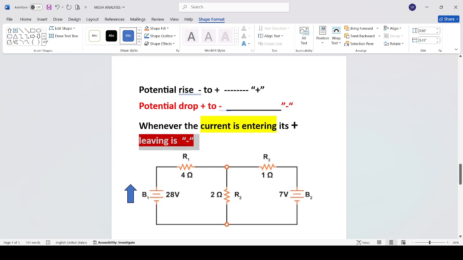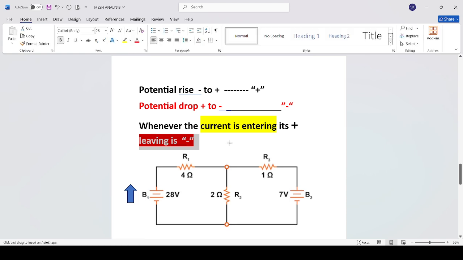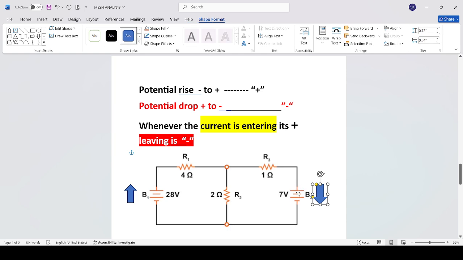Similarly, you can see here this is positive to negative. A potential drop. If you see a potential drop, you should put the sign negative. So based upon this only we are going to solve this problem. Then the last point you should remember is whenever the current is entering into the circuit, we indicate it as a positive sign. Whenever the current is leaving, we indicate the sign as negative.